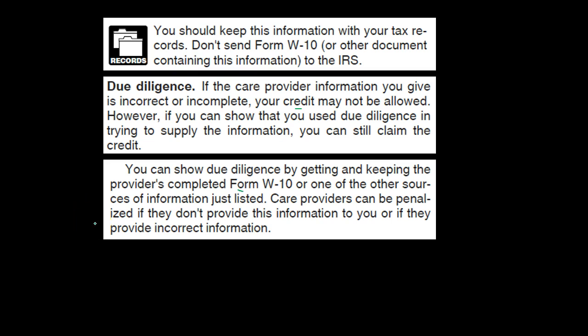So if the provider doesn't give the information for whatever reason, maybe their number no longer exists, so they don't have a number, and they were advertising that they did, then they'll probably get into trouble at some point, because most of the people having the service might want the number for the credit. So you need to keep the information on hand.